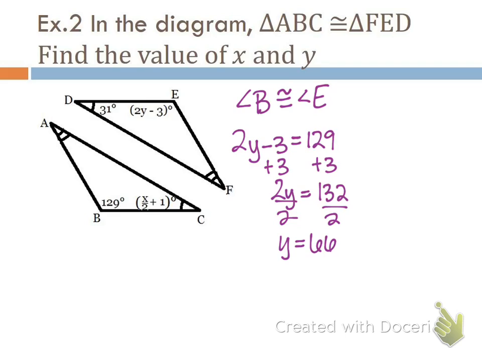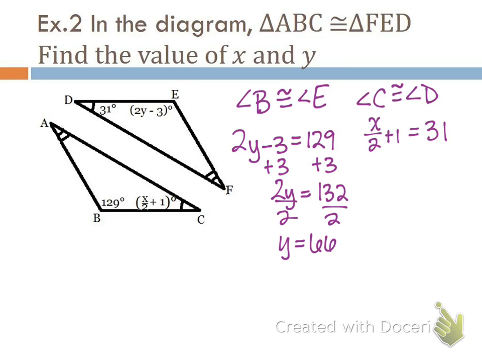All right, what equation can we set up to find x? Angle C is... Okay, it might be helpful to note that angle C is congruent to angle D. They even marked it in the diagram this time. So what equation would I set up from that? x over 2 plus 1 equals 31.